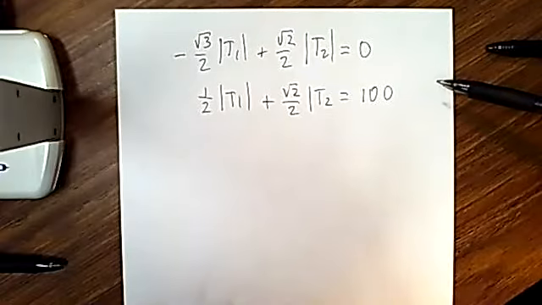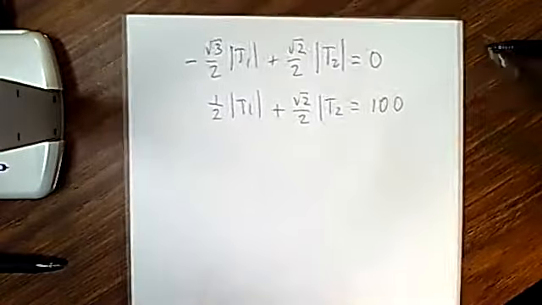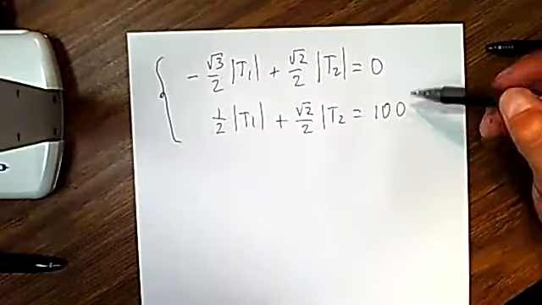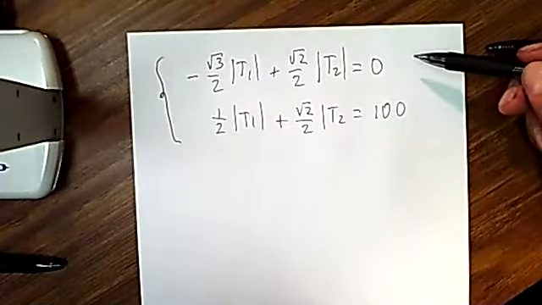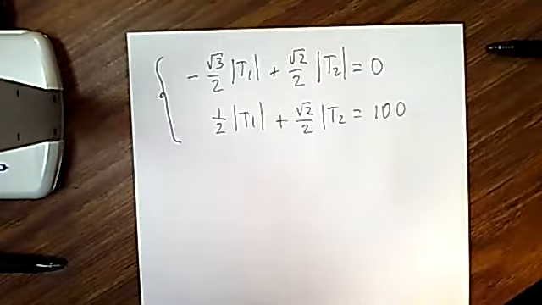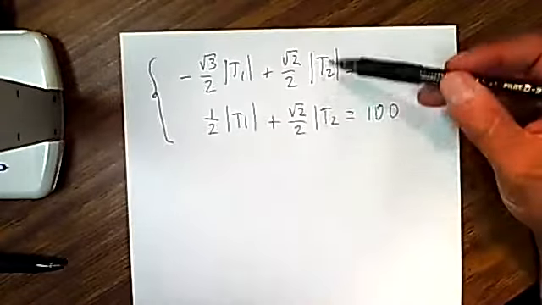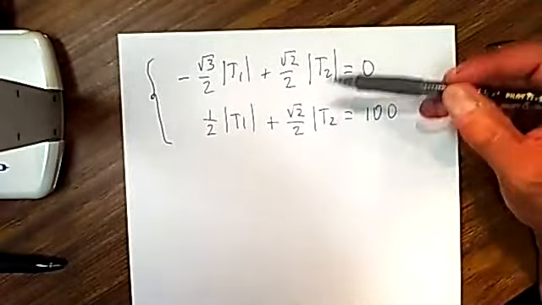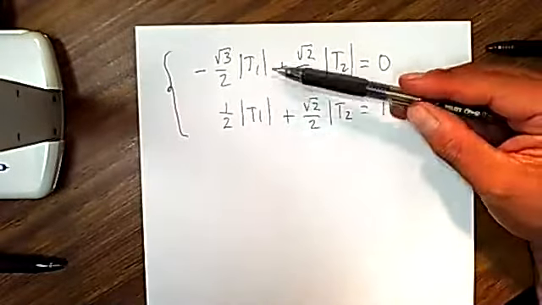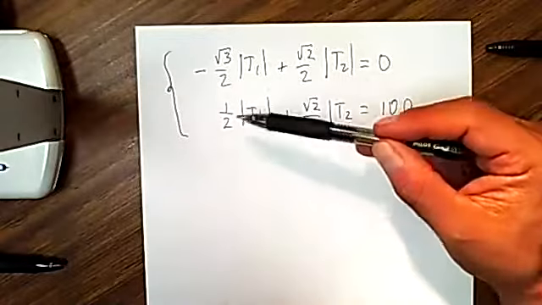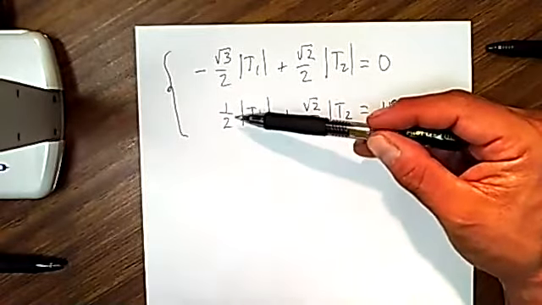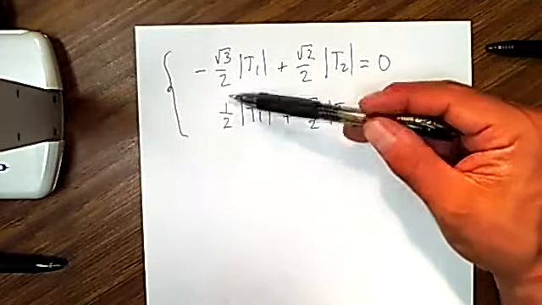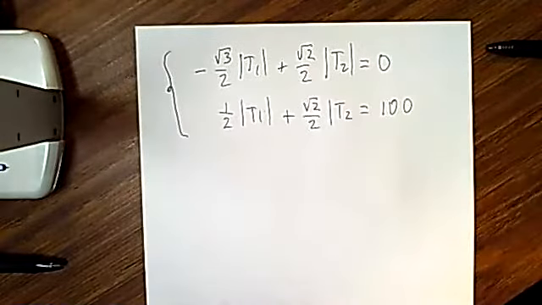If we subtract one equation from the other, so there's our system of equations. If we subtract the second equation minus the first equation, then the T2 term will cancel to 0. So we end up with T1, a half minus the negative, which means we're really going to be adding.